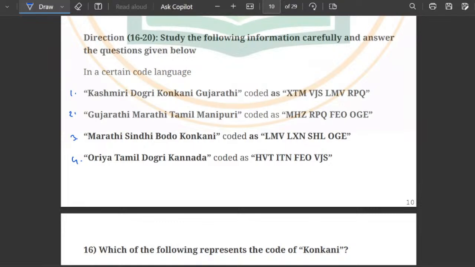Kashmiri, is there anywhere else? No. Dogri, is there anywhere else? No. Konkani, is there anywhere else? No. Gujarati, yes, Gujarati is there. Gujarati is here, Gujarati is here. What is common in the first and second is RPQ. So RPQ is Gujarati.